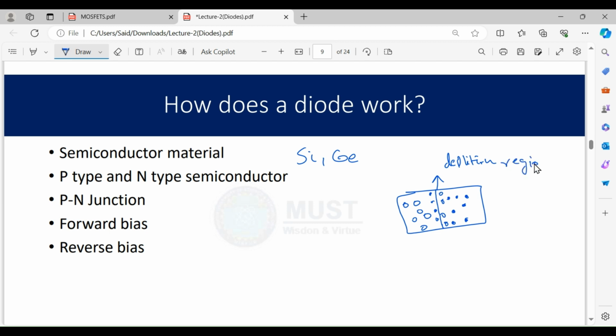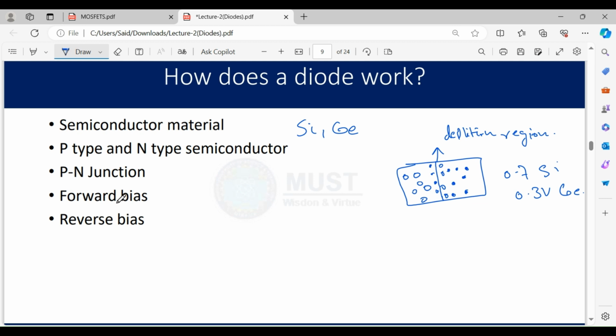Now, in order to pass the electric current, we need some voltage: 0.7 volts for silicon and 0.3 volts for germanium. This is required to break this depletion region. Next we have two different modes.